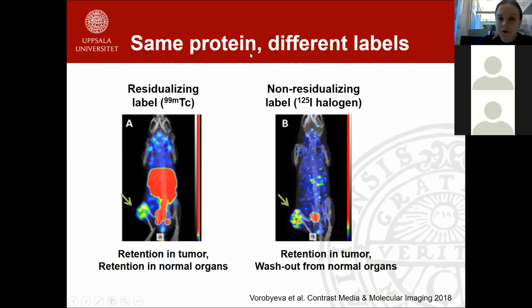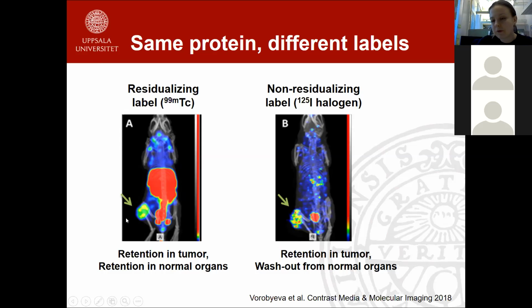So it's the same protein, but labeled with two different labels. On the right side, we have the non-residualizing label, or halogen label. On the left side, we have the residualizing label, with metal-like properties. The protein is taken up in the gastrointestinal tract and in the liver, so we see a lot of activity here.